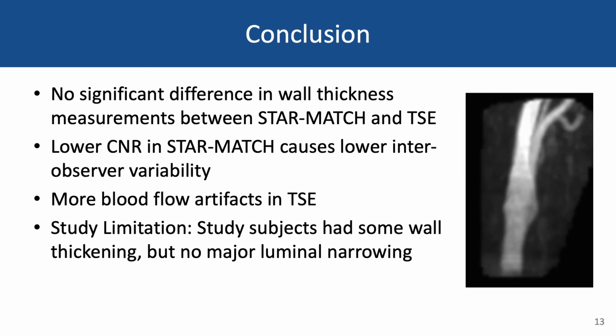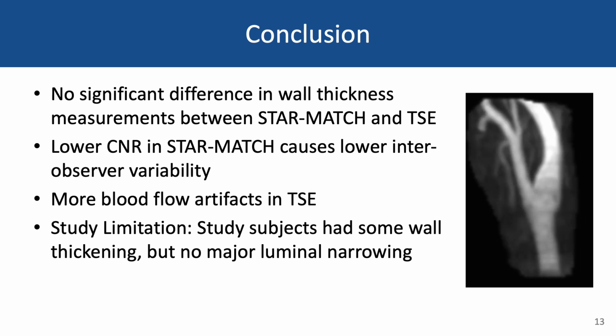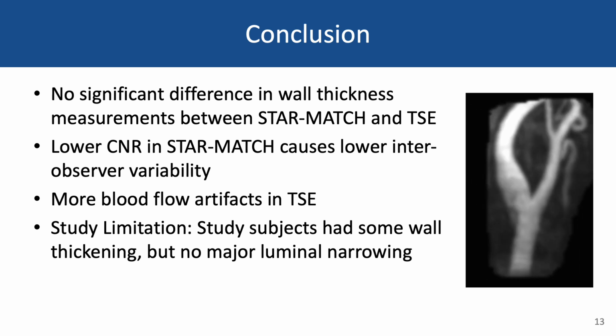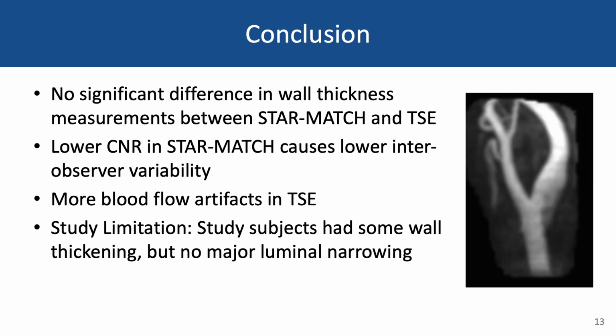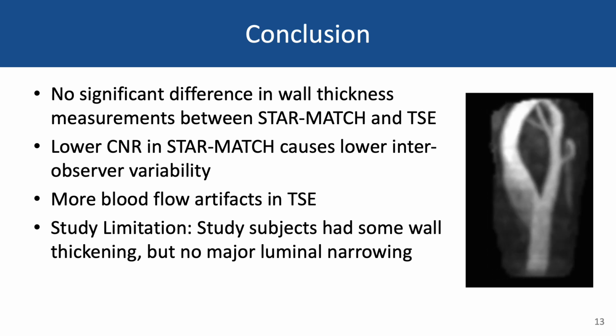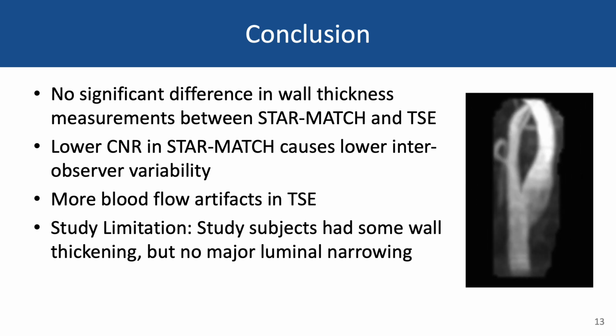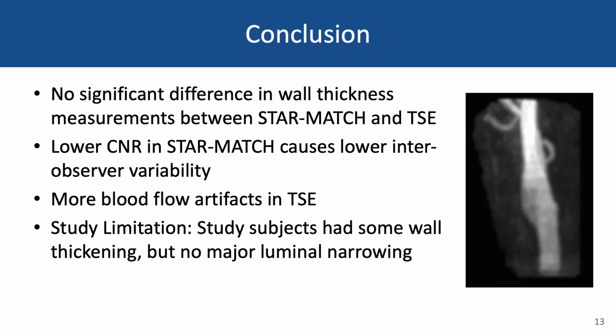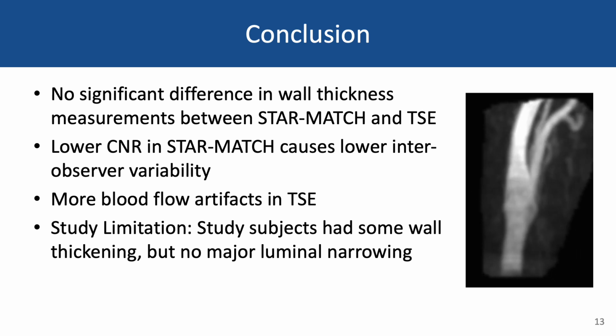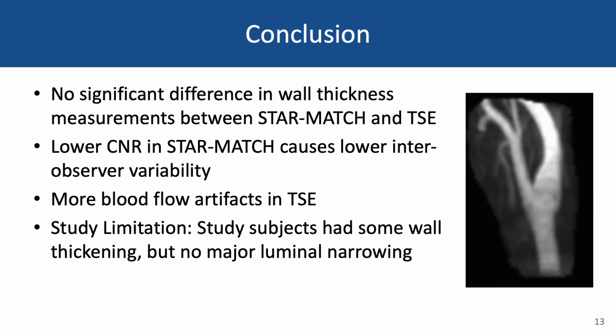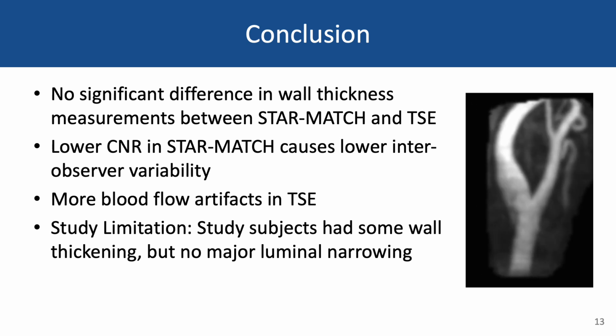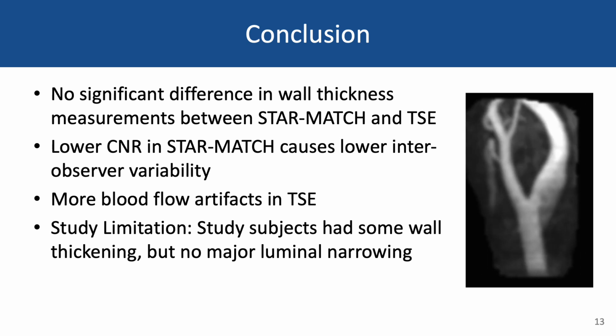No significant difference was found when we compared wall thickness measurements between STAR-MATCH and TSE between the two different observers. However, lower CNR observed in STAR-MATCH did not affect the wall thickness, but it did affect the inter-observer variability, and that's why we see lower inter-observer variability compared to TSE.